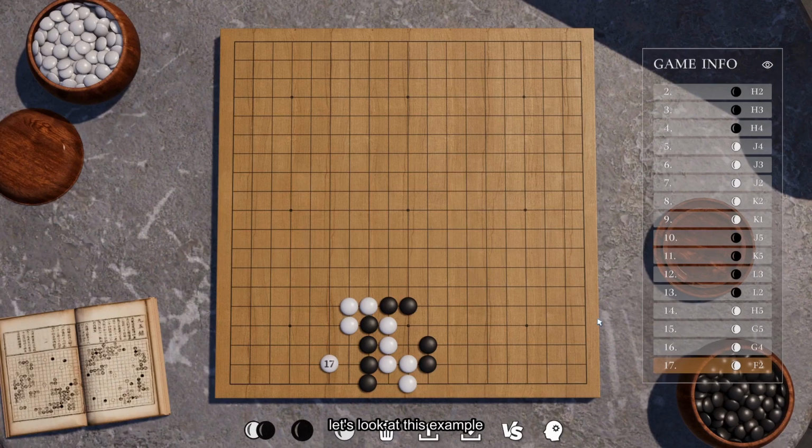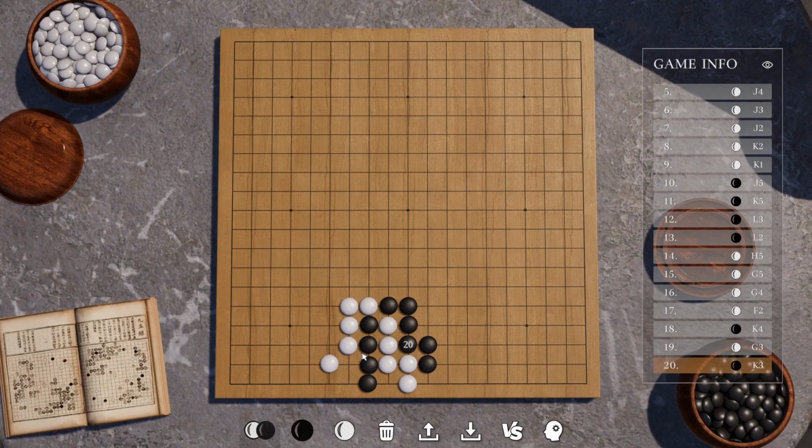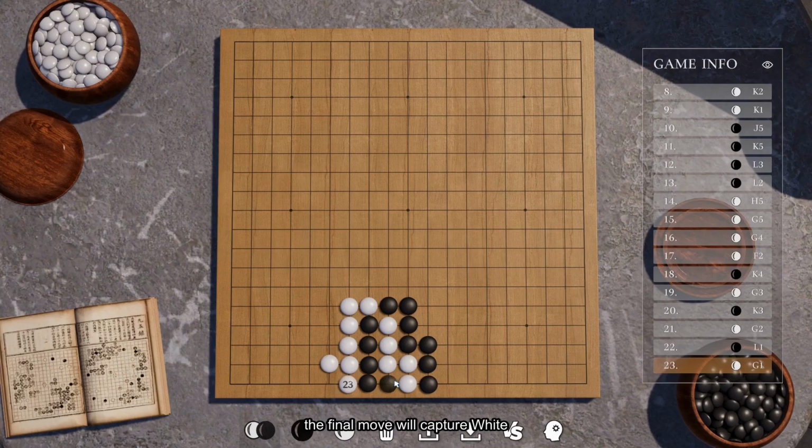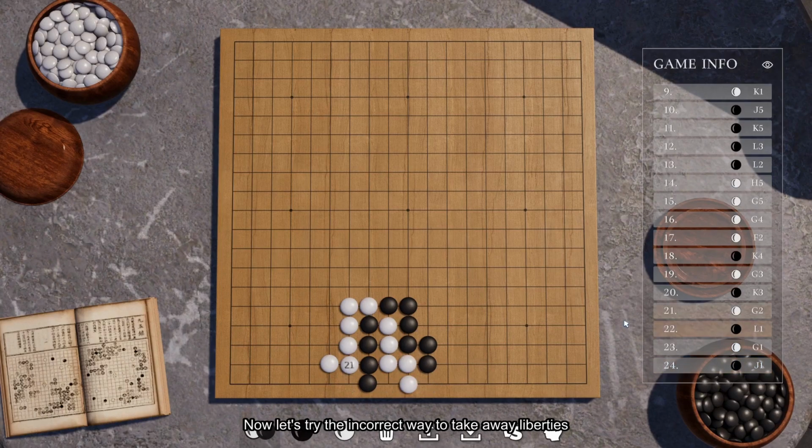Now, let's look at this example. For instance, if black wants to capture white right now, black must take away external liberties first. Okay, after playing here, the final move will capture white. Now, let's try the incorrect way to take away liberties.